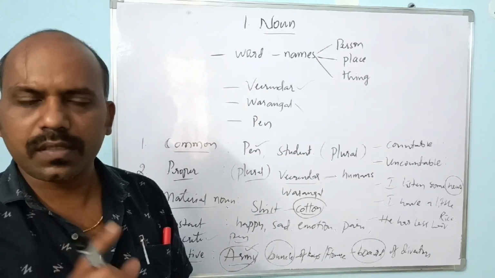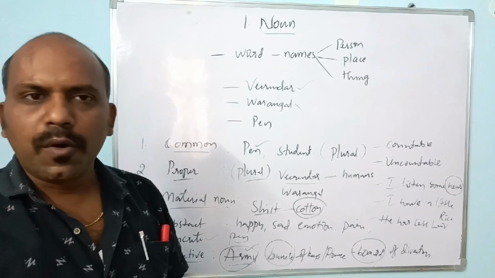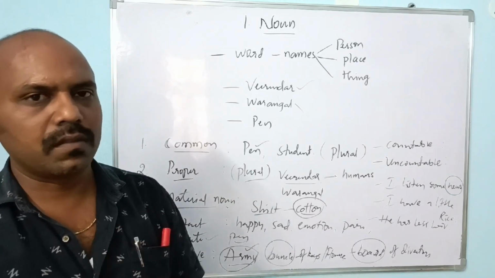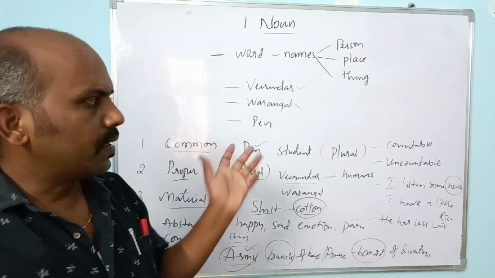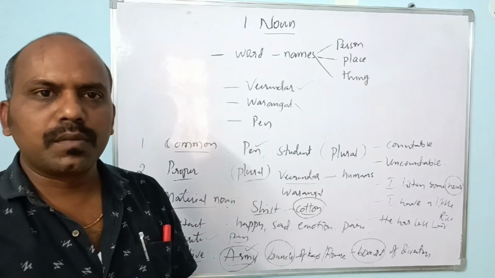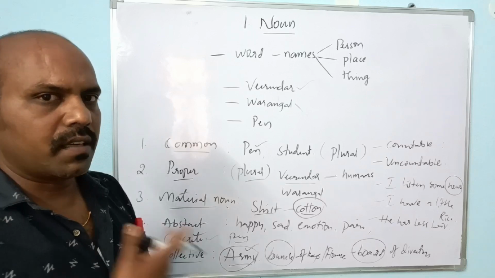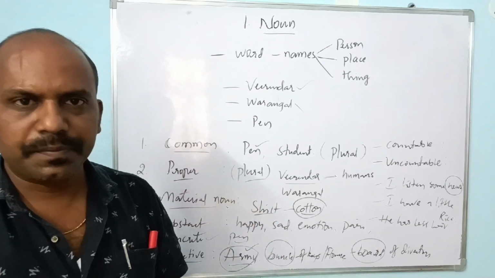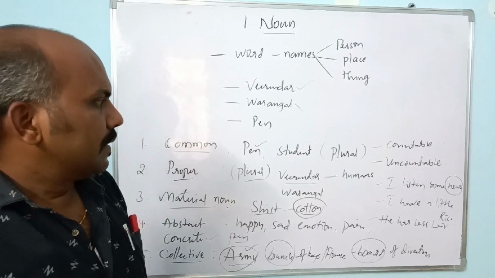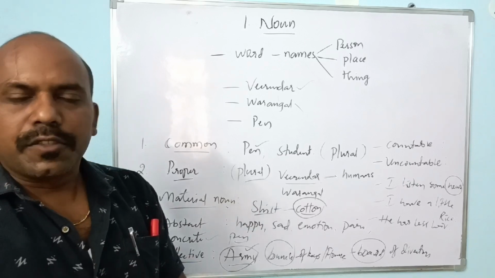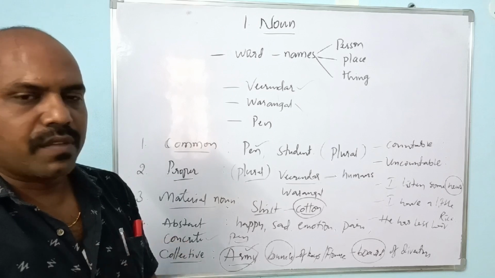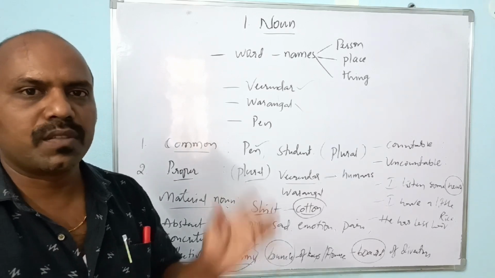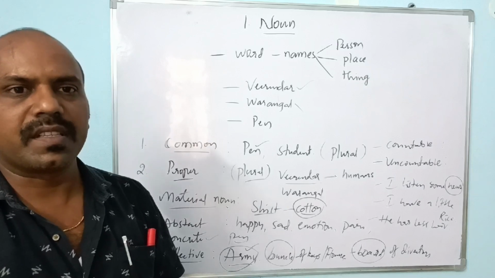Hope this video helps you a lot to find which type of noun a noun comes under, and you may have a chance to tell others that there are a few types of nouns, and this noun comes under so and so, right? So this is a little try to teach you the types of nouns. Hope you have understood and you have learned a little about a noun, one of the parts of speech.